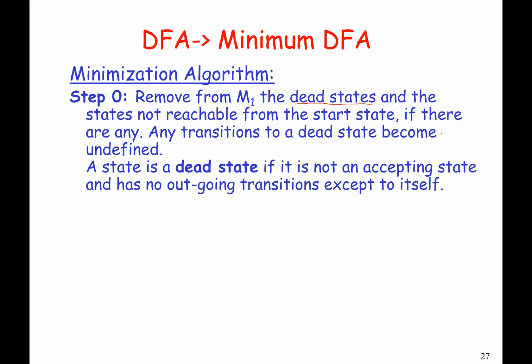A state is a dead state if it is not an accepting state and there are no outgoing transitions except to itself, and it is not connected to the given machine M1.